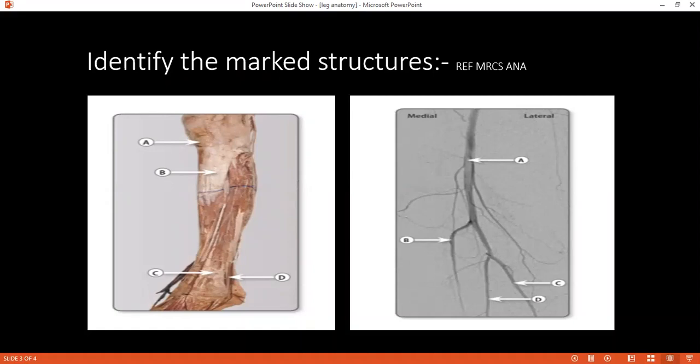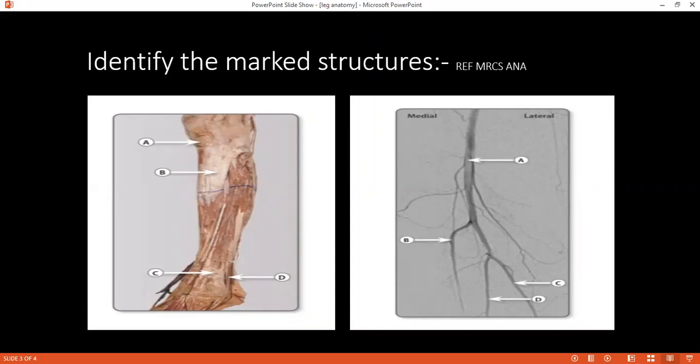Ma'am, proximally the apex of the fibula articulates with the lateral condyle of the tibia, and distally there is articulation between the lateral malleolus... I don't know. I'll get back to you with that.